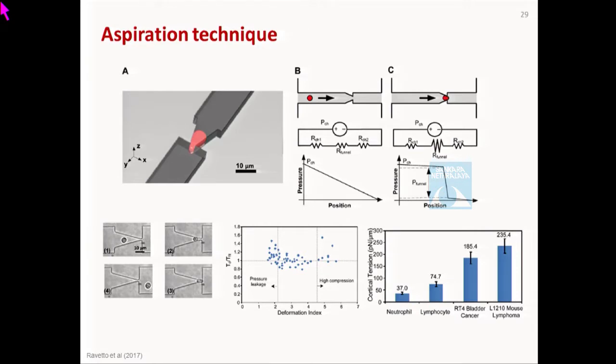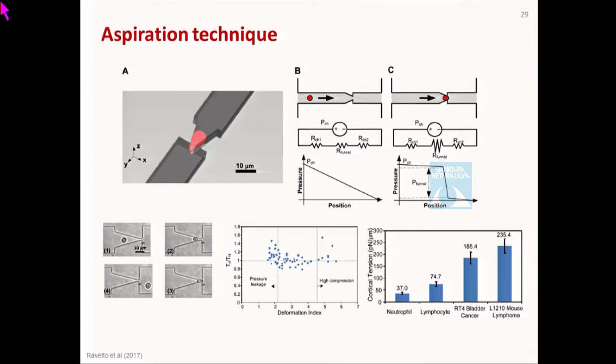But this jump is because the cell is getting stuck at the junction. And when you have this constricted shape, the cell actually gets deformed. So it has to elongate to pass, right? And that deformation index is represented here. And TC is the time that it takes to pass this constriction, okay?